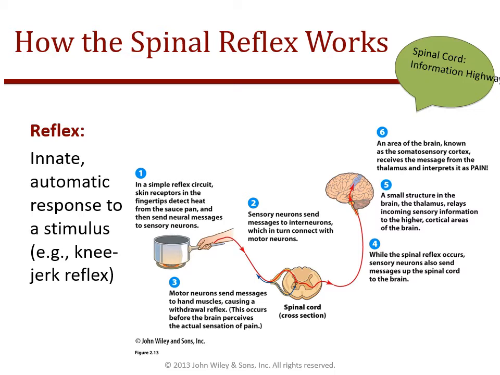Now, we label this involuntary actions, and they're automatic behaviors, reflexes or reflex arcs, because the response to the incoming stimuli happens automatically and is reflected back. We're all born with numerous types of reflexes, many of which fade over time.